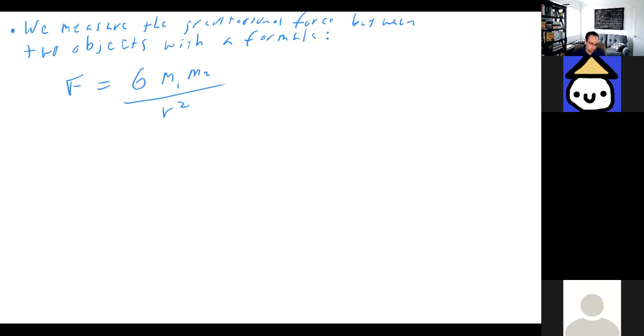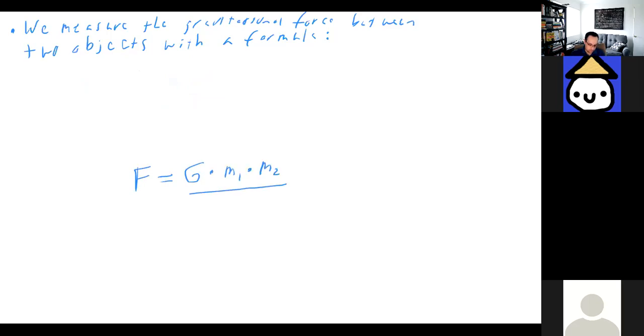And so what in the world are all of these things? In fact, let me put this formula in the middle of the page so that we can sort of diagram it a little bit better. F equals G times M1 times M2 all over R squared.